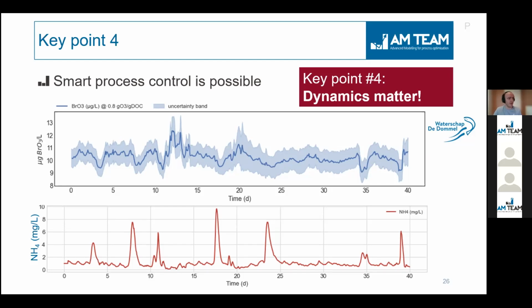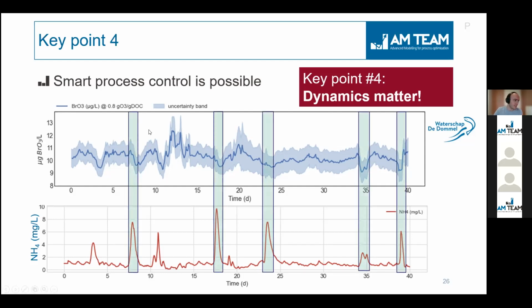What you see here is a graph simulated by our model of the bromate formation in a time series of 40 days. You see a lot of dynamics. So you have higher peaks, you have lower values of bromate. And if we look at, for example, the input parameter ammonia that we also take into account in our model, we can see there's a direct link.